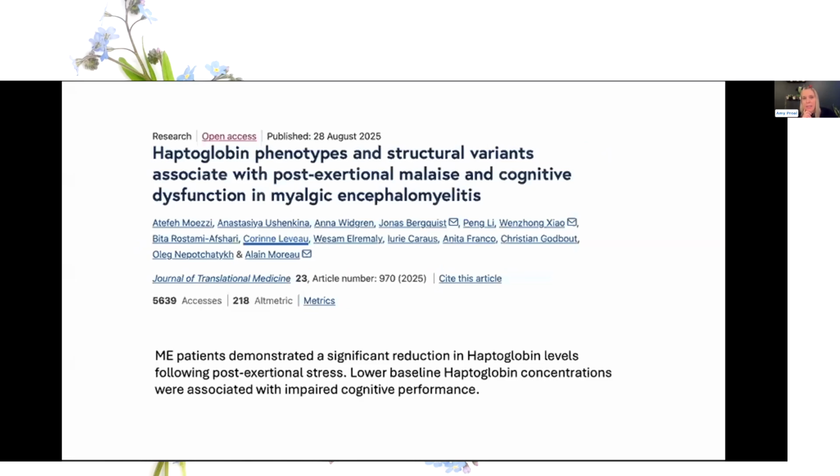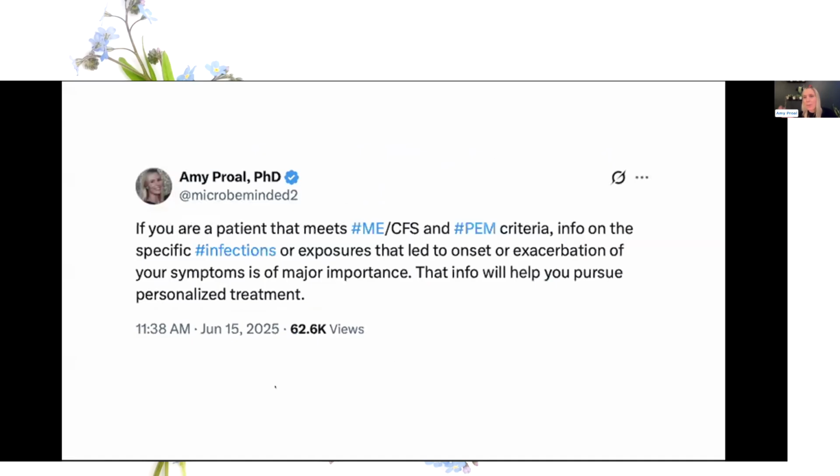I think it's another thing to keep in mind, because the parasite drives such classic ME/CFS type symptoms. So overall, my takeaway, and I've tweeted this, is that if you're a patient and you meet ME/CFS criteria and you have post-exertional malaise, I do think that the specific infections and exposures that you have, the infections that started your case or that you may have accumulated or may have reactivated in your system, do matter.